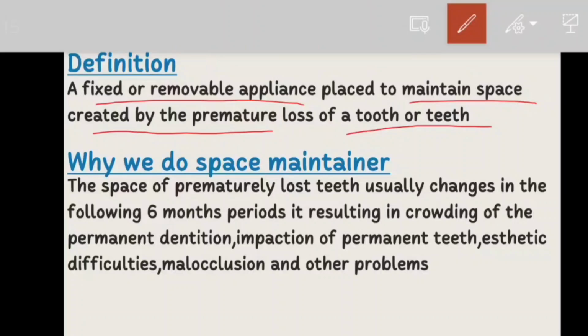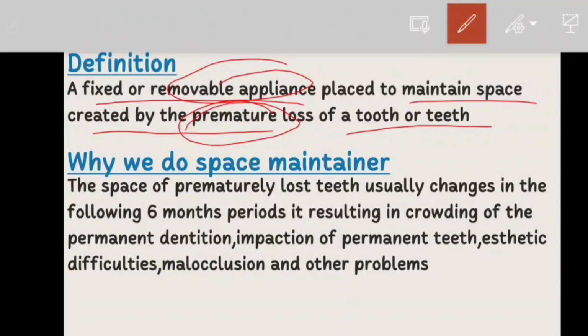Fixed appliance means the patient cannot remove it, and removable appliance means the patient can remove it. Premature loss means the milk tooth is lost earlier than the normal time. So basically, a space maintainer prevents neighboring teeth from shifting.